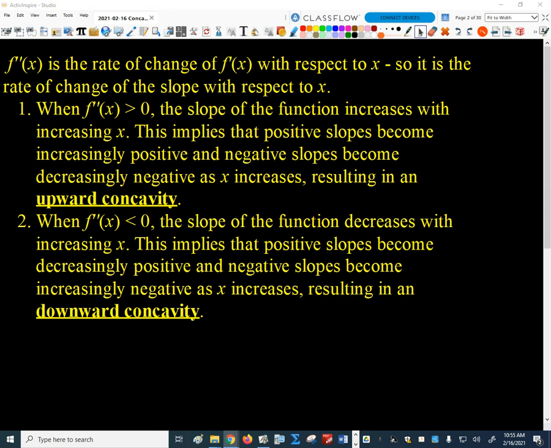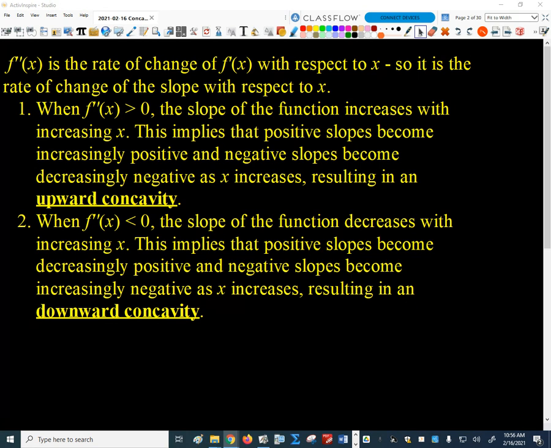What would it mean for the ant if we had a positive or a negative second derivative? How would that manifest in terms of the topography that the ant is walking along? If the second derivative is positive, think what that means. That means the slope of the function is increasing with increasing x.